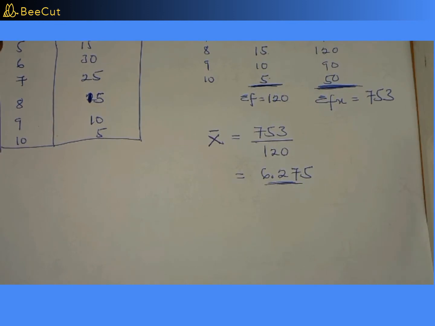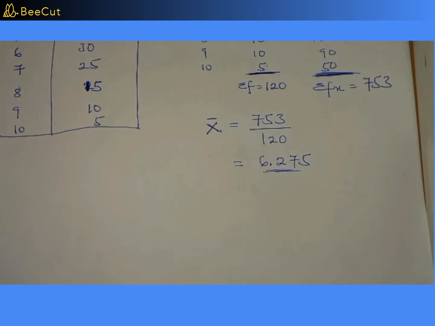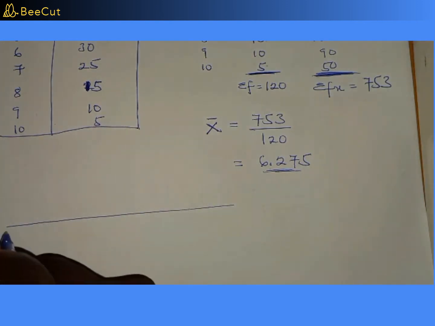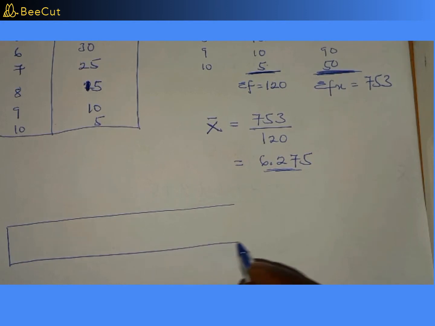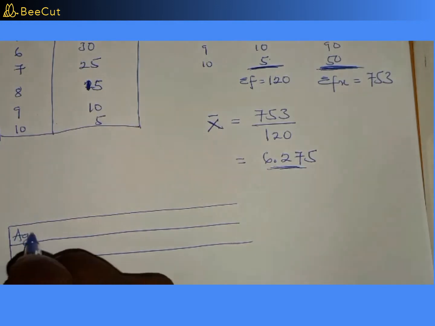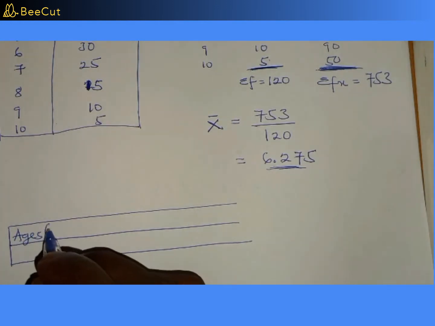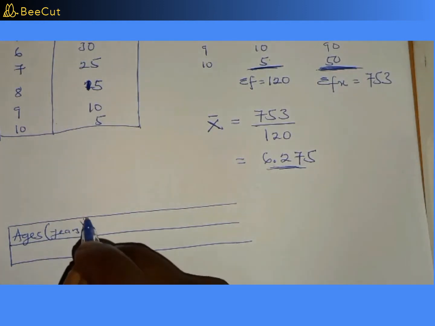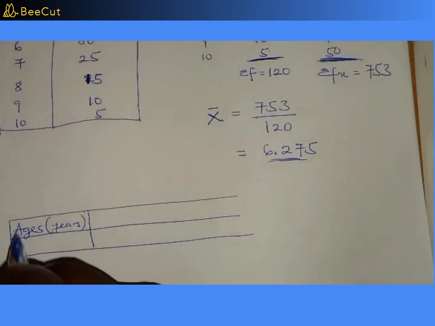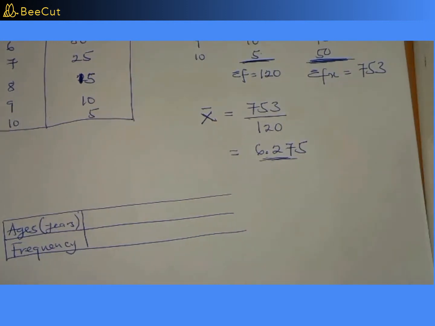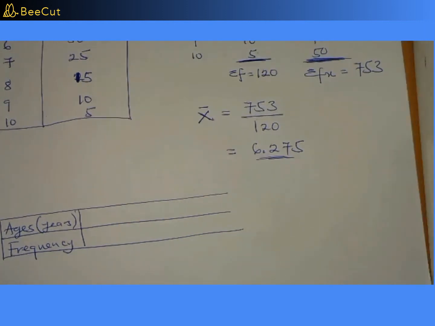Let's have another question. Let's just say we are to find the mean of the ages of people, and so we have a table. And we have the ages in years, and then we have the frequency. Remember, I always tell my people that frequencies are human beings.